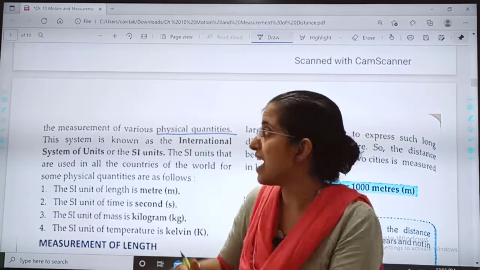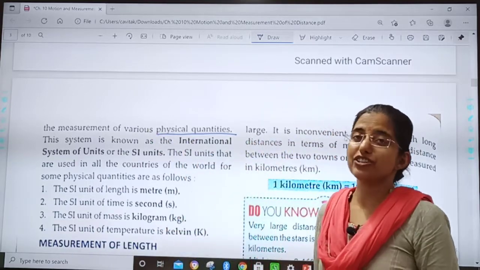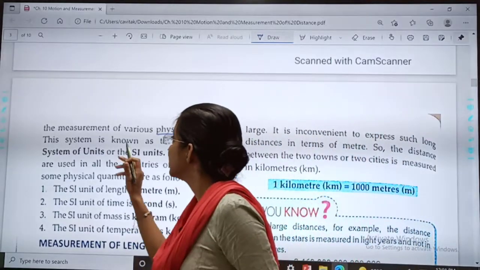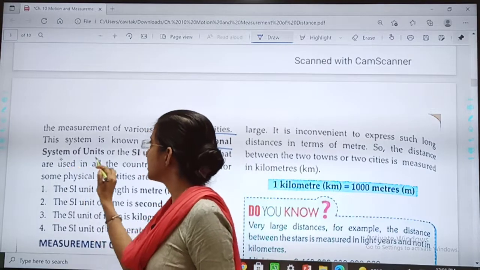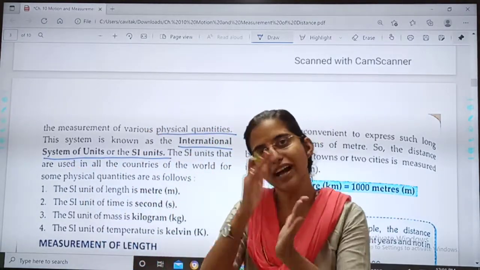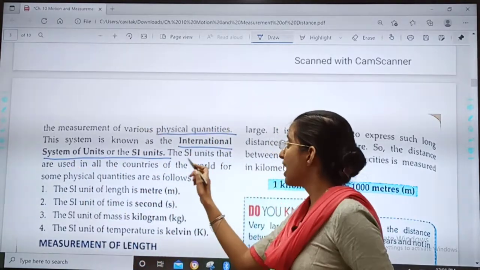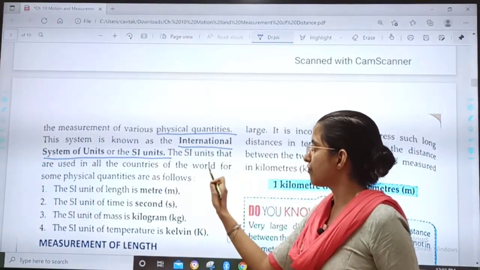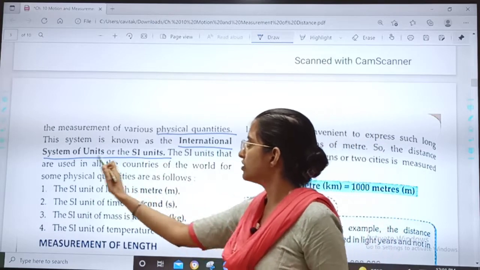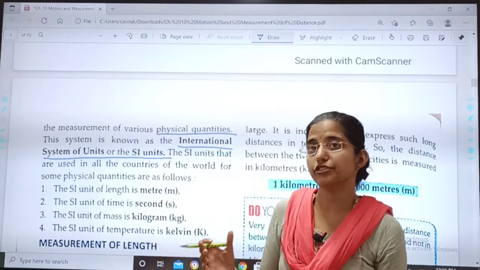So that's why SI unit of measurement was adopted. This system is known as the International System of Units or the SI units. The SI units that are used in all the countries of the world for some physical quantities are as follows.